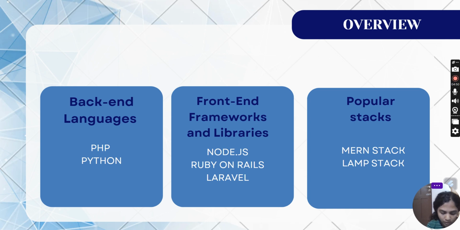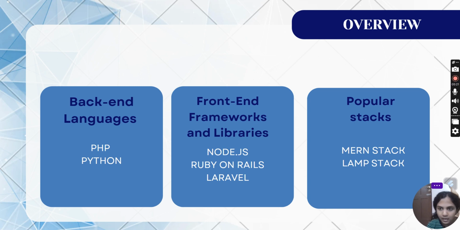Python is a good choice for projects requiring much data processing, and Ruby is a good choice for projects requiring a lot of user interaction. Next, if we look into backend frameworks and libraries, it mainly includes Node.js, Ruby on Rails, and Laravel.